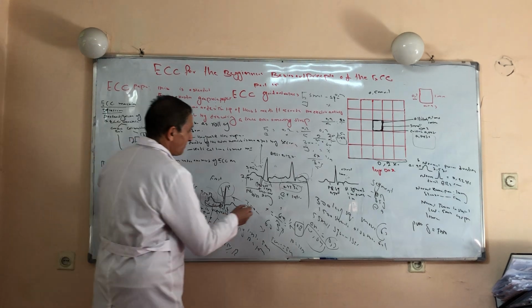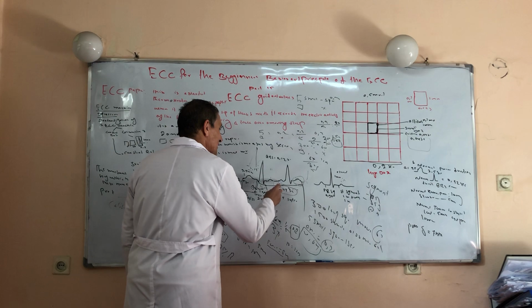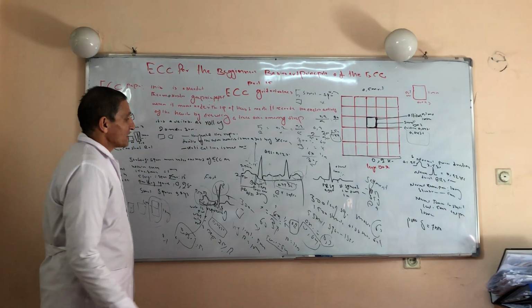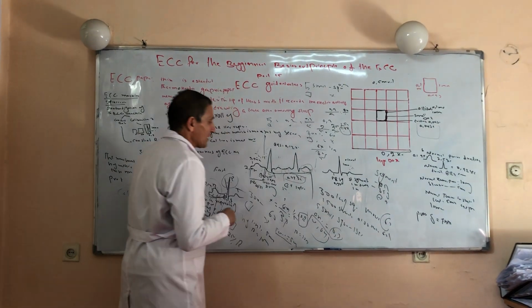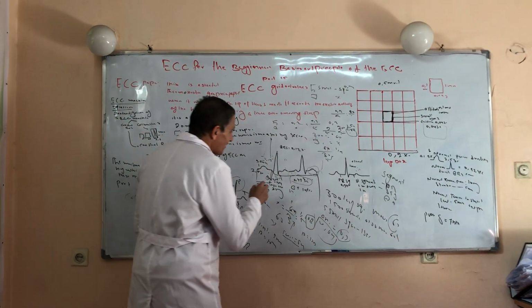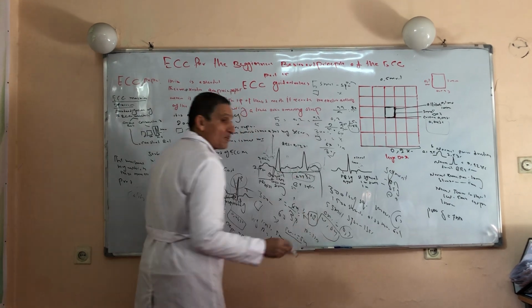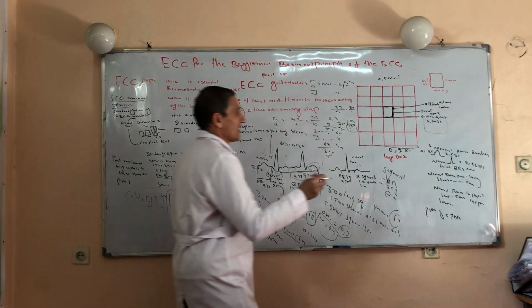Another one: the TP interval, no, the TP segment. How should I define the TP segment? The TP segment is the segment which starts from the end of the T wave to the onset of the P wave, across 2 cardiac cycles.